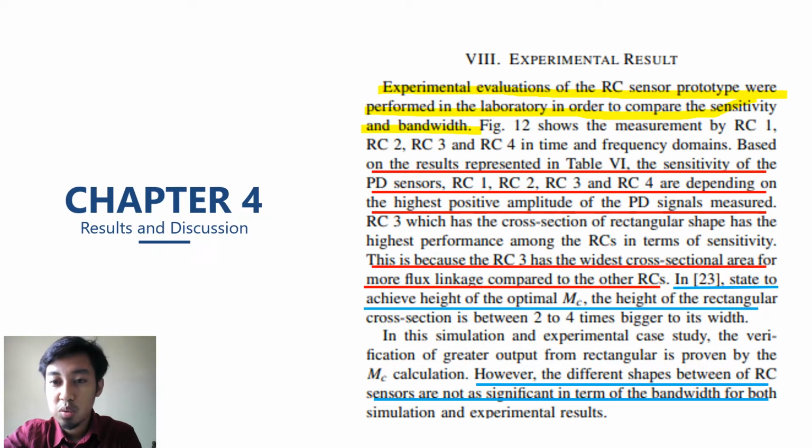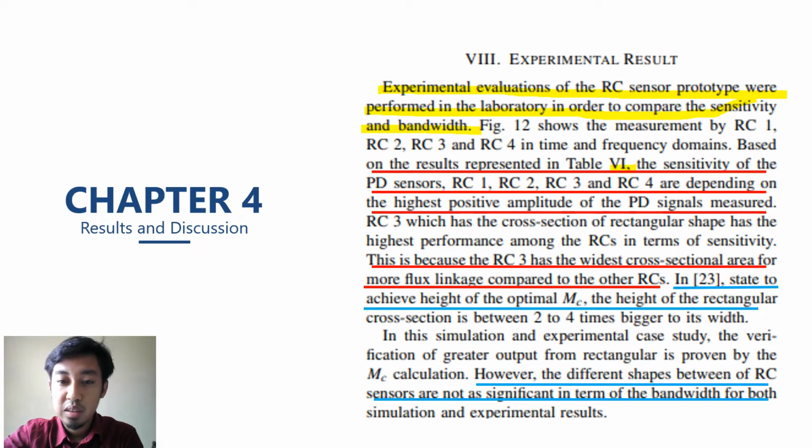Figure 2 shows the measurement by RC1, RC2, RC3, and RC4 in time and frequency domain. Based on the result presented in table 4, the sensitivity of the PD sensors RC1, RC2, RC3, and RC4 depends on the highest positive amplitude of the PD signal measured.